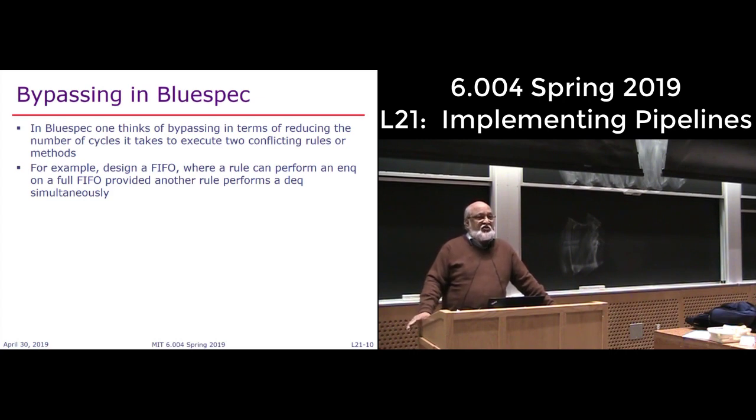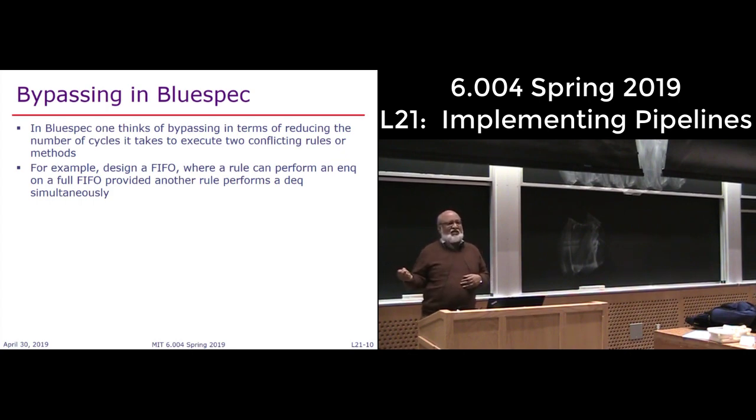Now I'm changing the rules of the game. I'm saying I want you to design me a new FIFO, where NQ and DQ can go on in parallel provided DQ was happening. If DQ was happening, then you can NQ. If DQ was not happening, then you can't NQ.